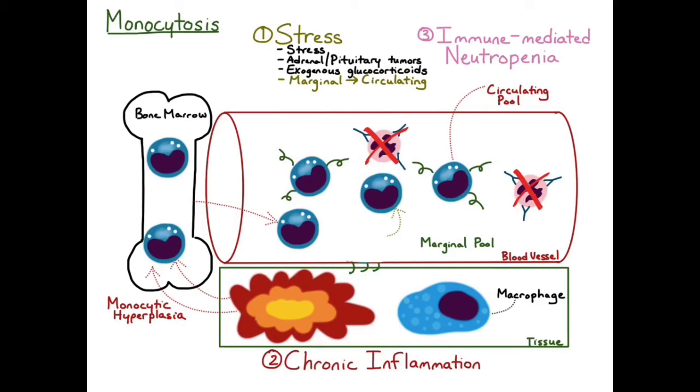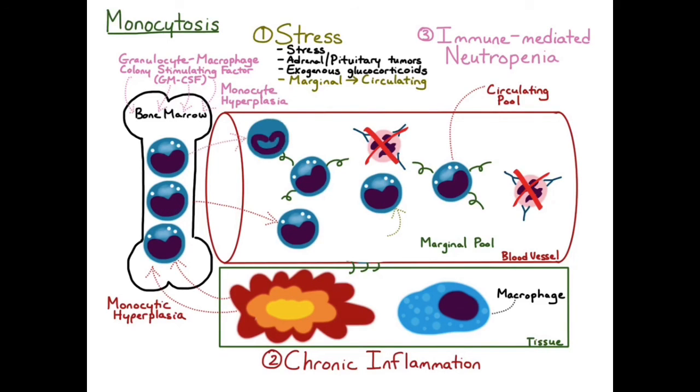In particular, there's something called granulocyte macrophage colony stimulating factor, or GM-CSF, which is increased during immune-mediated neutropenia and tells the bone marrow to increase production of neutrophils. But in doing so, it also increases production of monocytes as well. So there's a monocytic hyperplasia during immune-mediated neutropenia.